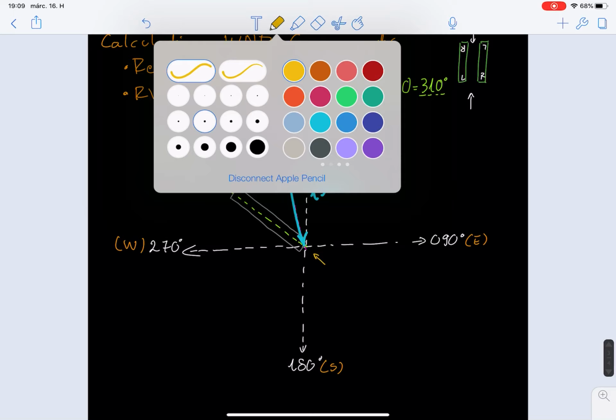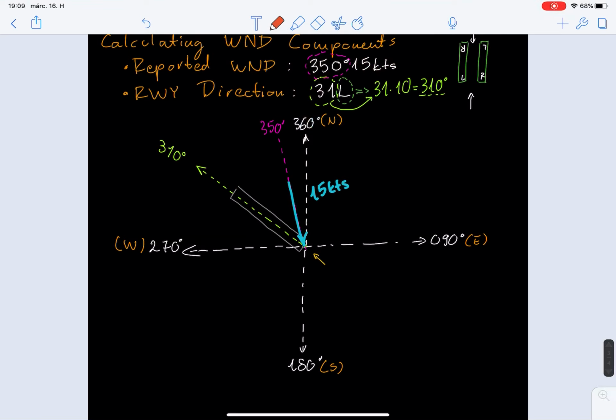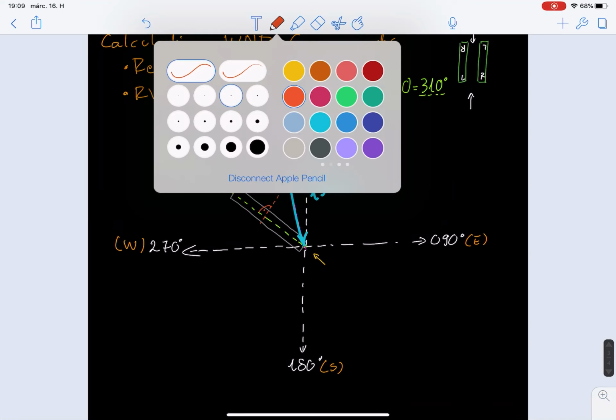So we're going to break this down into two vectors, basically. We're going to take from the tail of the vector a perpendicular to the runway direction, and break this vector into two components.